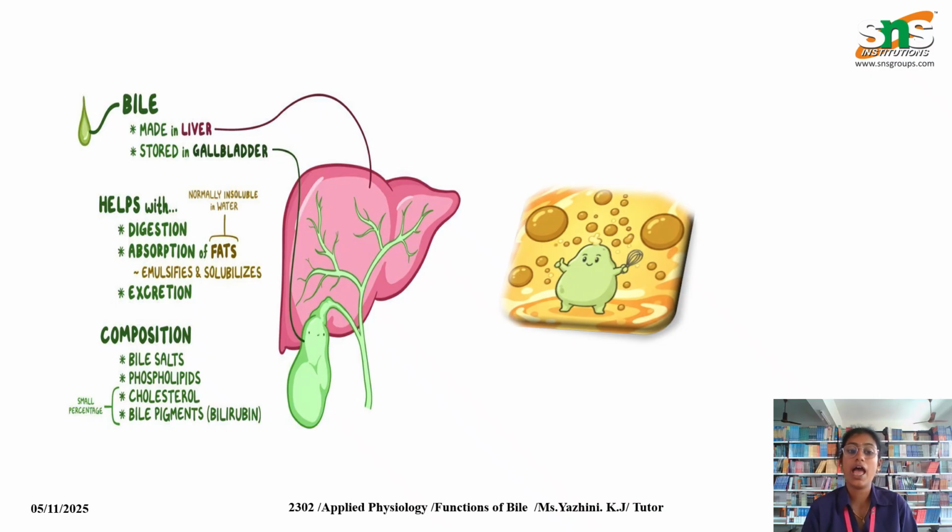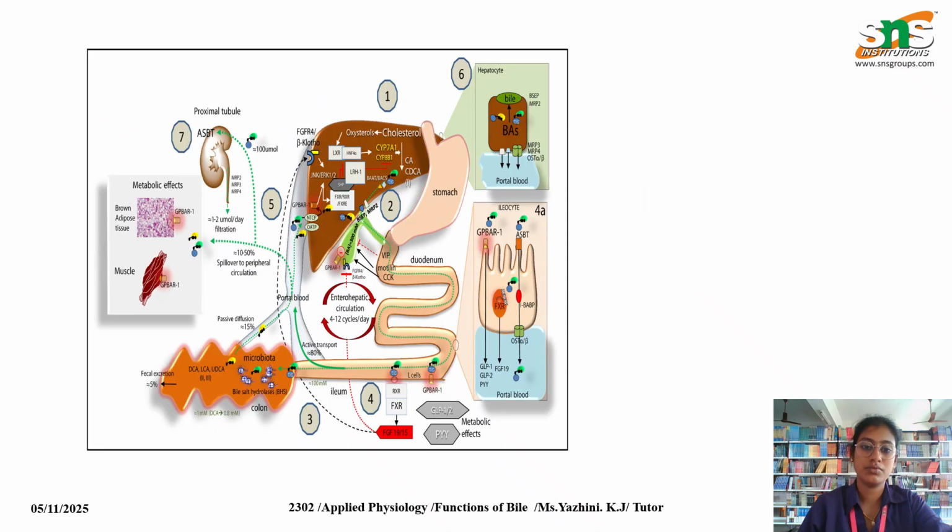The composition of bile is bile salts and bile pigments, which give the greenish color of bilirubin, an essential part. This is a mind map of the passage from the liver, how bile is made, how it travels to the gallbladder, and how it is released. This small mind map you can easily remember for exam purposes.